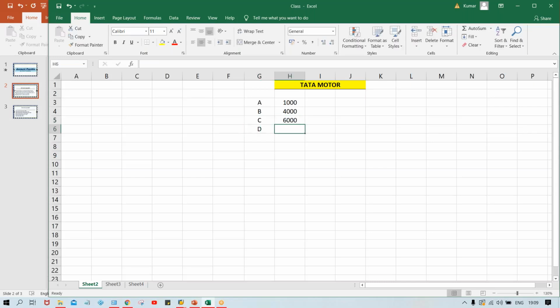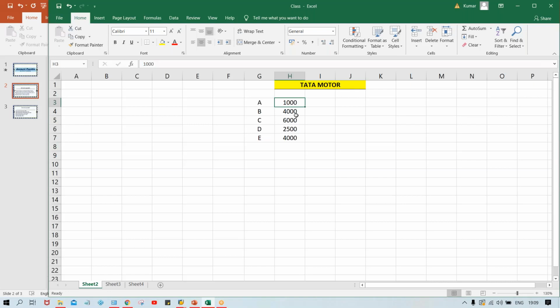Likewise, we have D, let's suppose 2,500, E again 4,000. So likewise, multiple vendors will be there. So for all this worth of goods we have purchased, payment is going to be made later because the procurement is happening on credit basis.